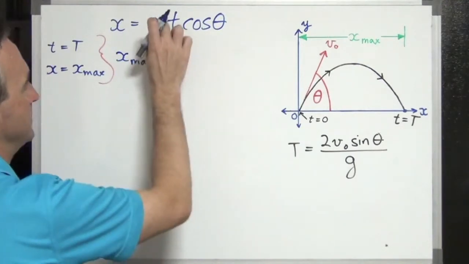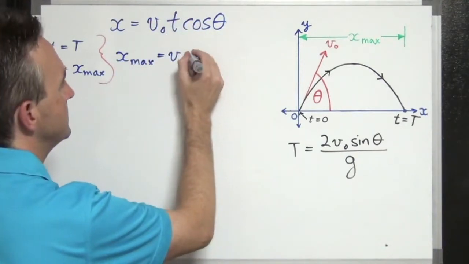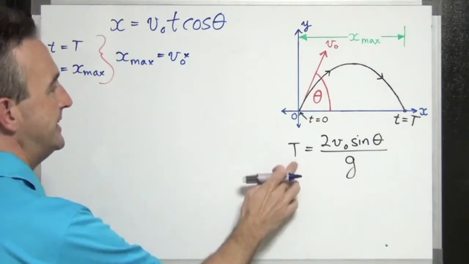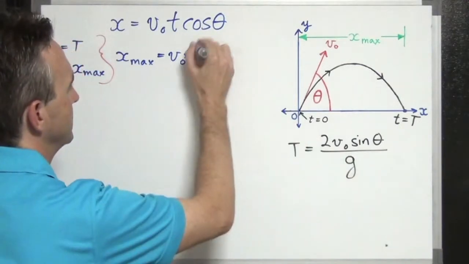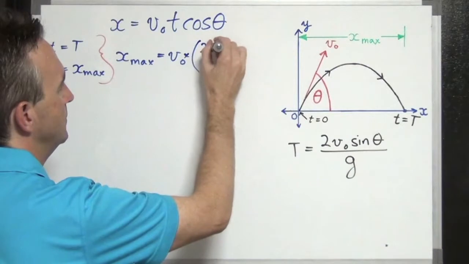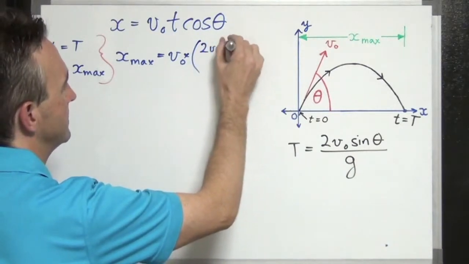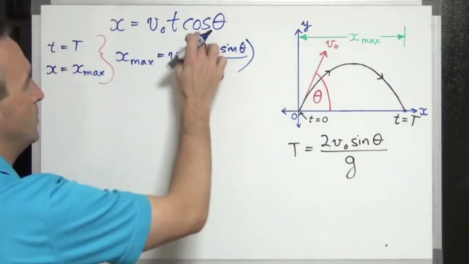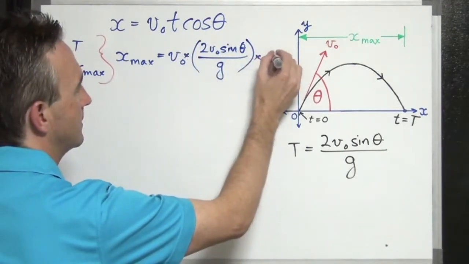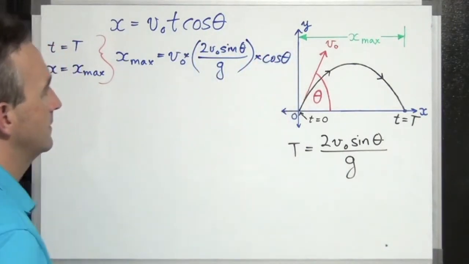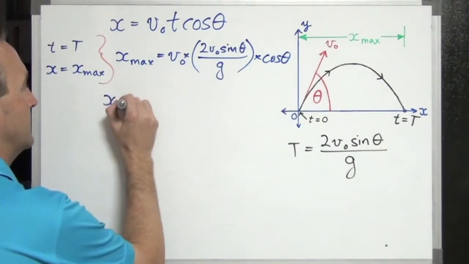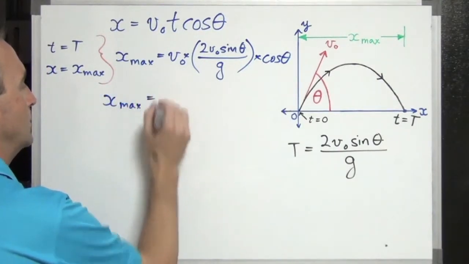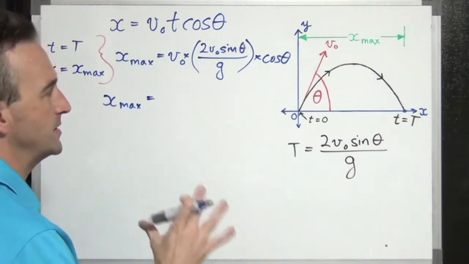x max equals v naught, and there's a multiplication here and here, times t, capital T, which is actually our time of flight, so we're going to squeeze this in here: 2v naught sine theta over g, and then multiplied by cos theta. Let's continue this. So x max equals, we're going to try and put it all over a single fraction here.